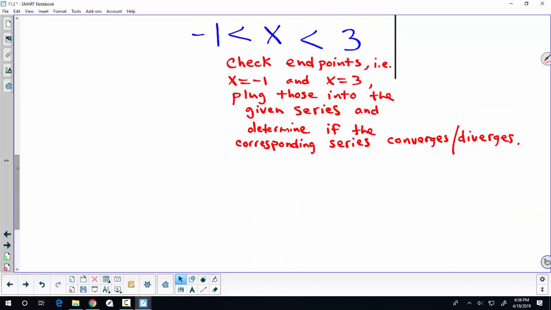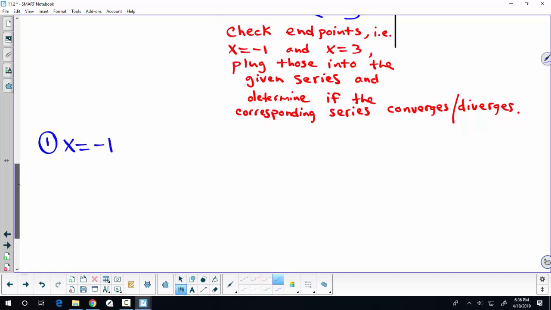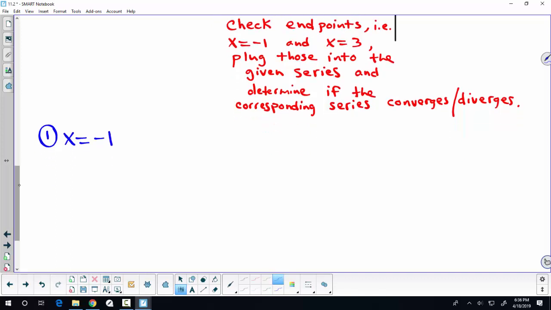All right, so it doesn't matter where we start. Let's take x equal to negative 1. Our original series was the sum from k equals 0 to infinity of negative 1 to the k, times x minus 1 to the k, over 2 to the k.